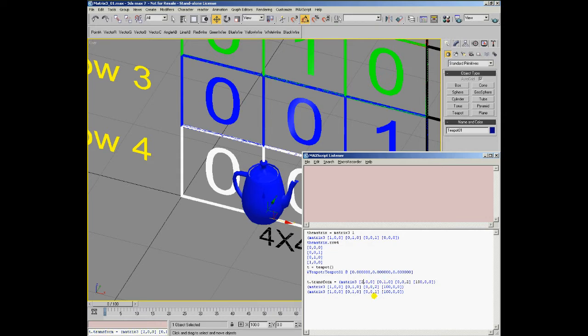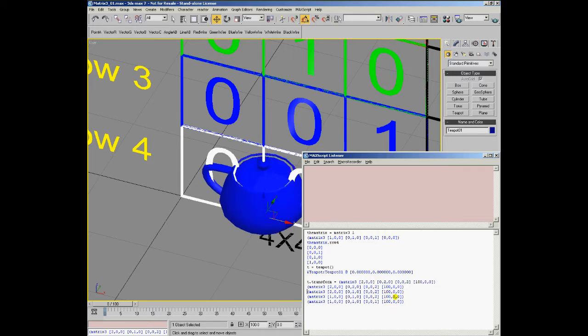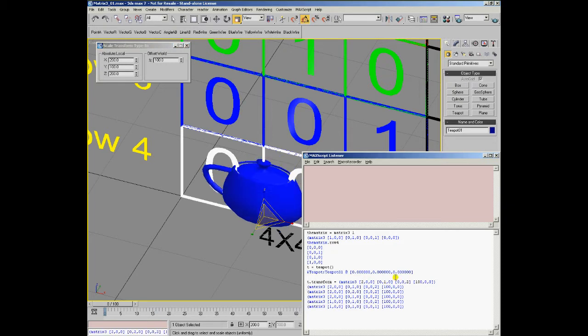We can enter 2 for the other axis, and looking at the result in the transform type in, we can see that the x, y, and z transformations are reflected accordingly.